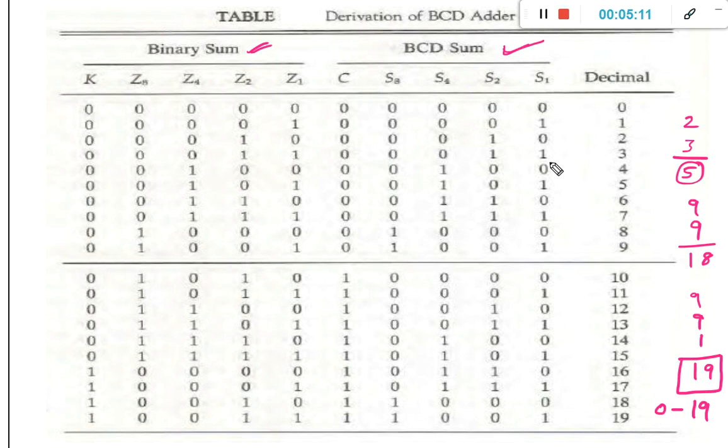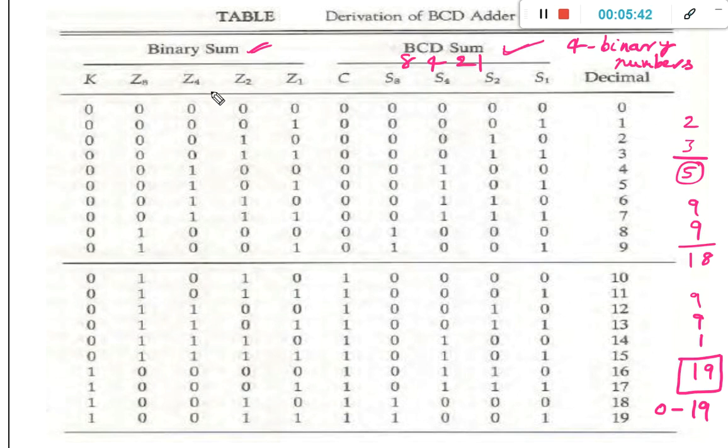We should make sure that in case of BCD, each digit is represented with 4 binary bits, that we already know. BCD code is nothing but 8421 code.